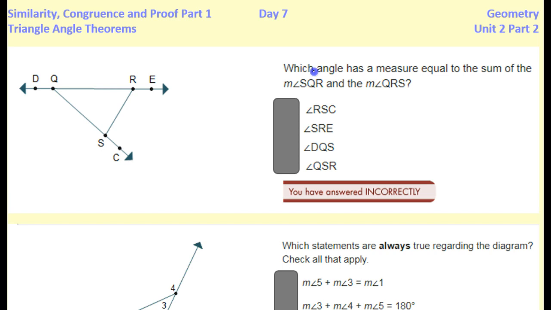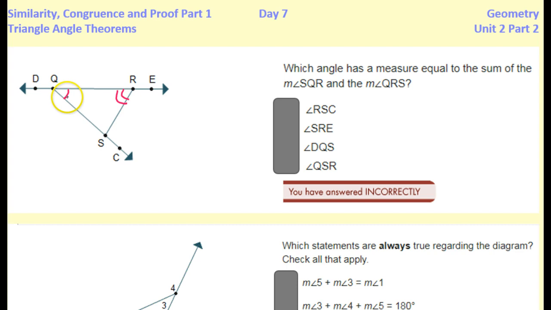Which angle has a measure equal to the sum of these two? Alright, so this is another problem just like the last two. So we have angle SQR, that's this angle right here. And we have angle QRS.